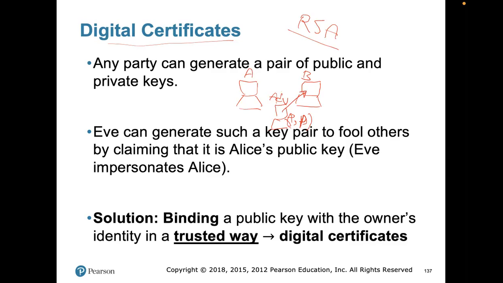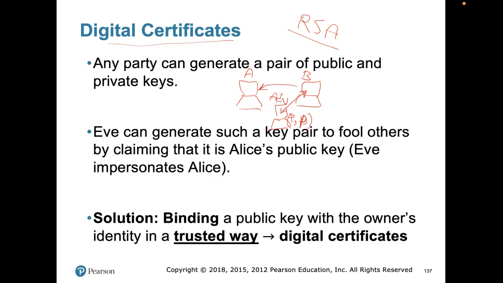If you want to communicate with me, you can use that key. This way, the adversary can fool Bob or any party and receive the information which was supposed to be securely delivered only to Alice.